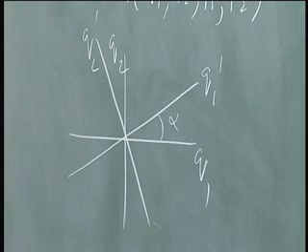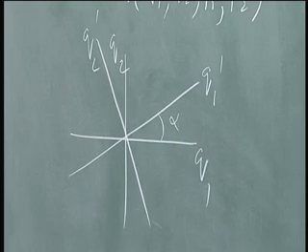I make this transformation and choose q1 prime, q2 prime and correspondingly p1 prime, p2 prime as my generalized coordinates and momenta, what is going to remain invariant? The Hamiltonian does not change, so what would remain invariant?